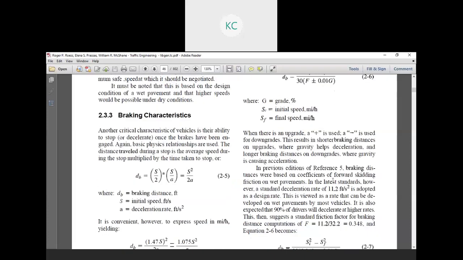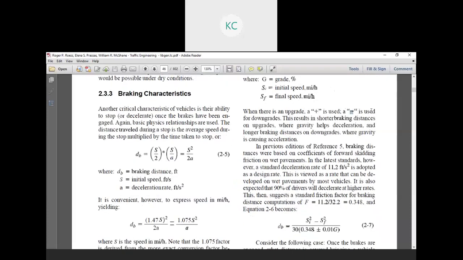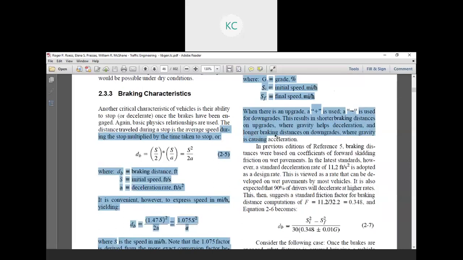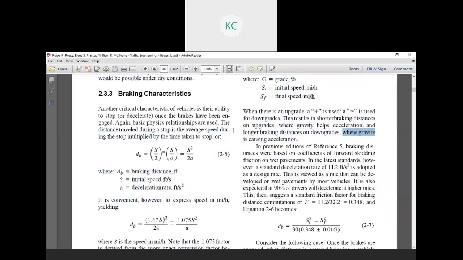When there is an upgrade, plus is used and minus is used for a downgrade. This results in a shorter braking distance on an upgrade, where gravity helps the deceleration, and a longer braking distance on a downgrade, where gravity is causing acceleration.